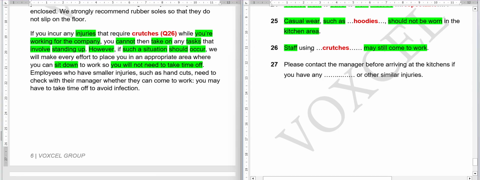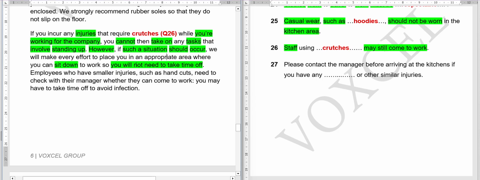They are saying that staff using something may still come to work. Basically, it's not mandatory for them, but they can come to work if certain conditions are met. So they are saying here, if such a situation, basically what kind of situation, if they are injured and they require crutches to walk, they will not do any work that involves standing up, but in such a situation they can come to work, and do tasks in which they can sit down.